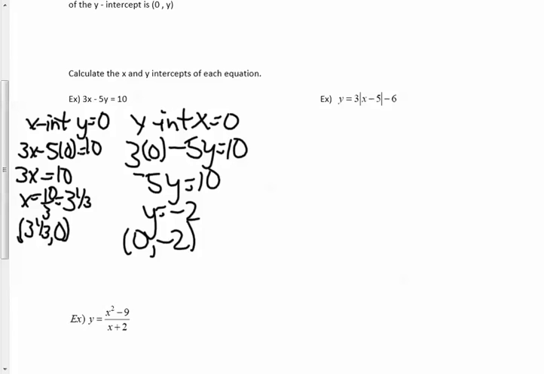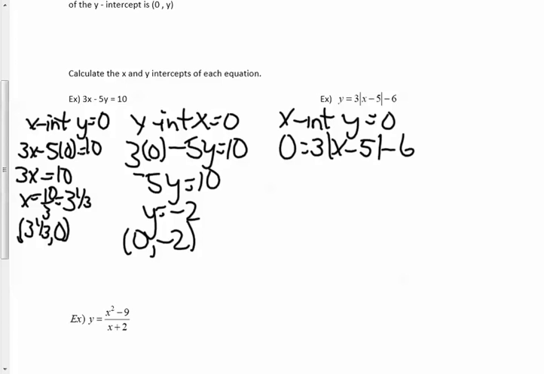All right, so let's take a look at an absolute value equation. So again, the x-intercept, we know y is 0. Now keep in mind this is an absolute value equation, so I'm going to solve for the absolute value. I'm going to add the 6 and divide by 3.